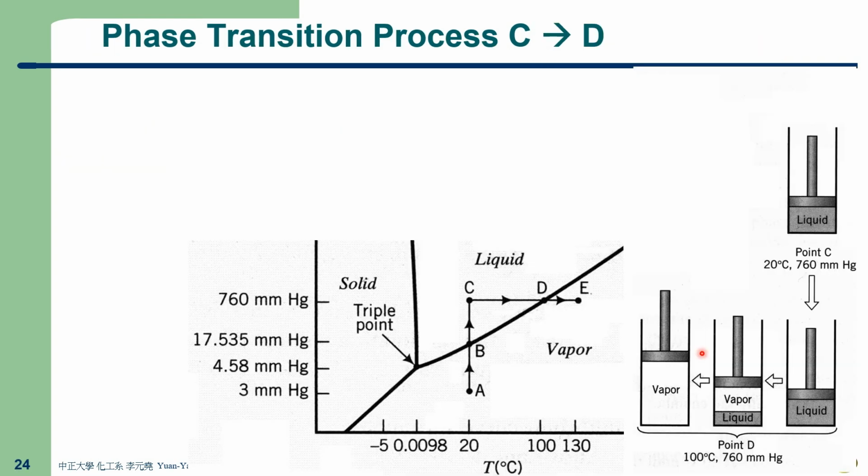How about from C to D? From C to D, you keep the pressure constant and you start to increase the temperature. So from this C, right, to D, you start to increase the temperature.